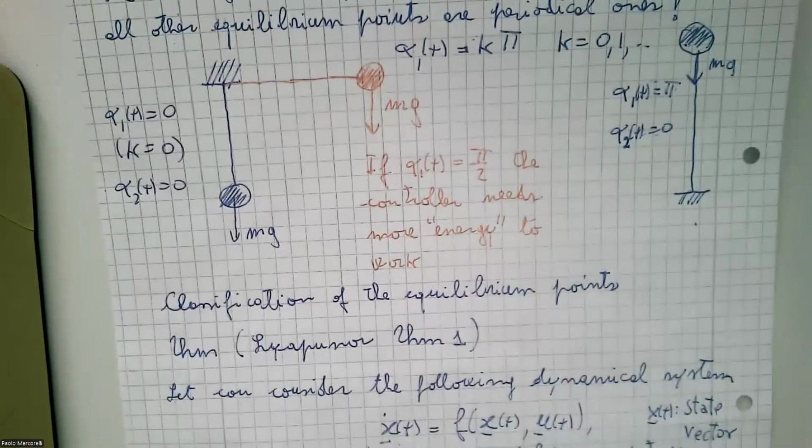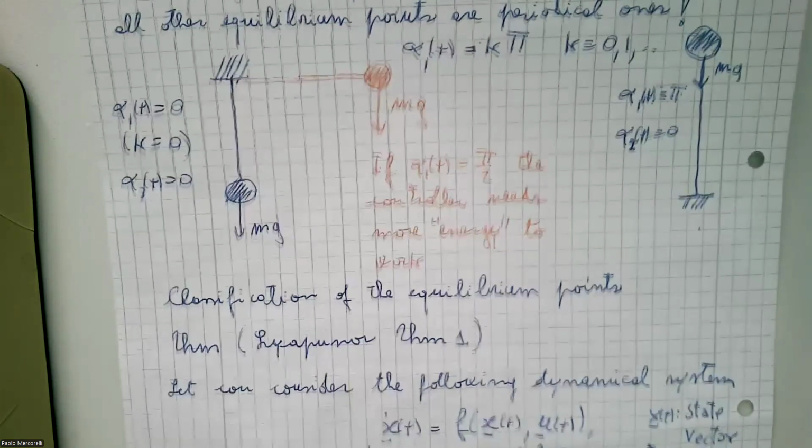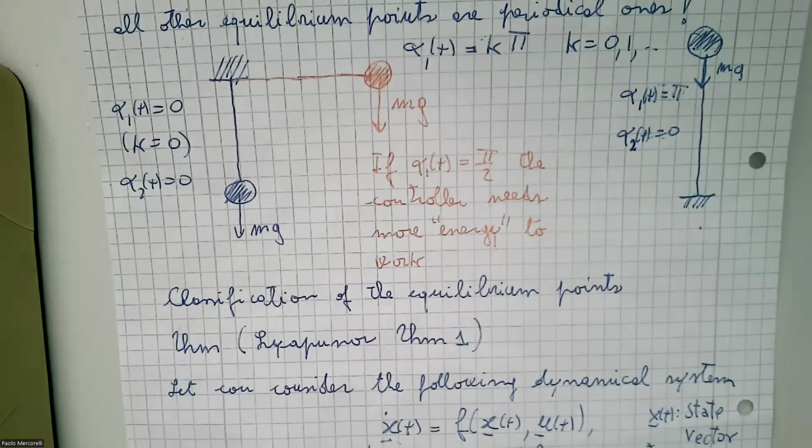Now, the theorem number 1 is a theorem which allows to classify which equilibrium point is asymptotically stable, which is stable, which is unstable. Classification of equilibrium points.